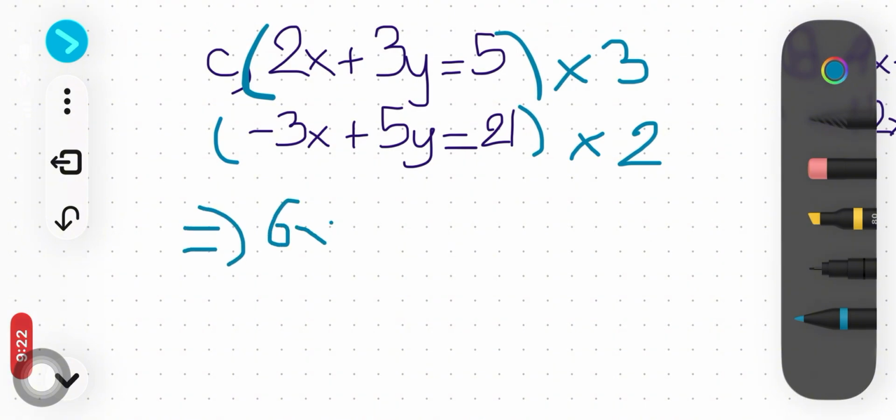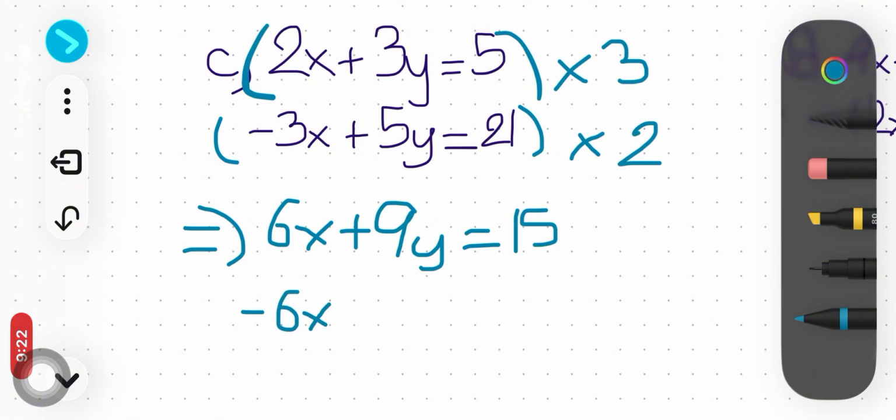Then our new equations are 6x plus 9y equal 15 and minus 6x plus 10y equal 42.